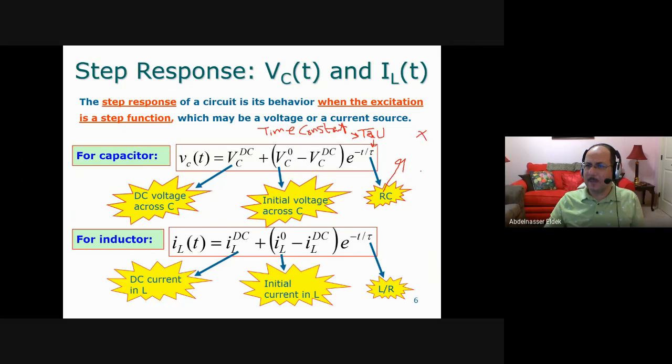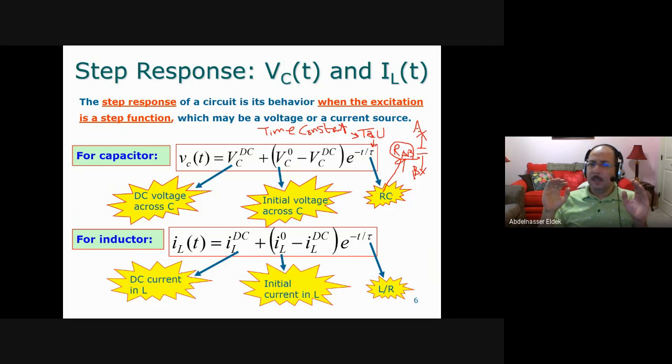So if you have a capacitor like this, for example, you need to find the resistance between this A and this B. This is R, so it is R between A and B. Once you calculate this R, you multiply it by C, and this will give you the time constant tau.